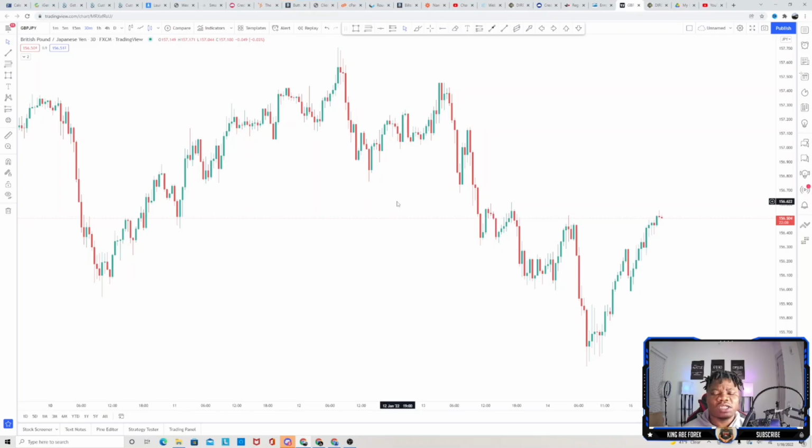The 200 EMA is usually used for long-term trends. So we're going to be using the 200 EMA for this strategy.